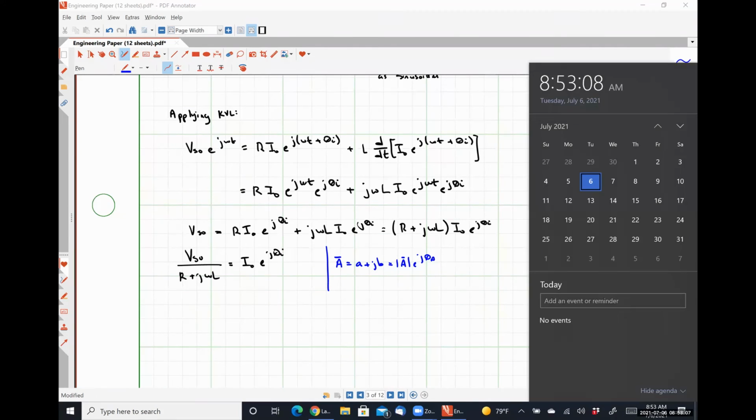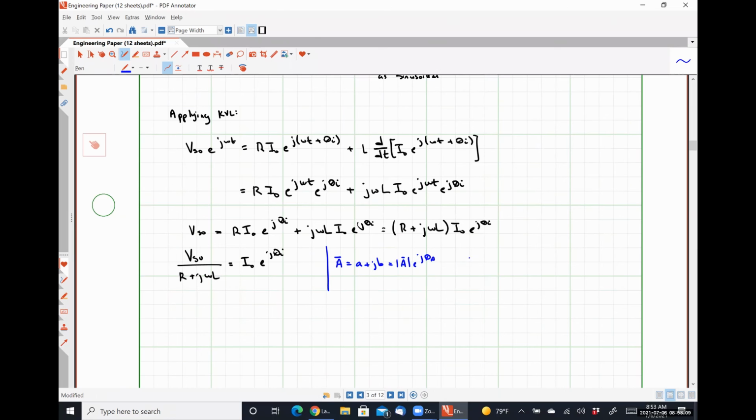The magnitude of A is equal to the square root of the real part squared plus the imaginary part squared. And my phase angle, theta A, is simply the inverse tangent of the imaginary part divided by the real part.